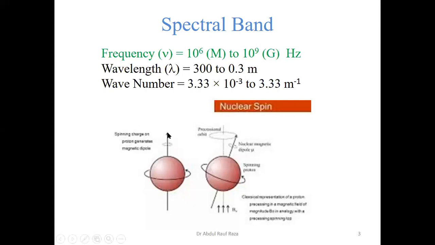This thumb is presented in the upward direction. This is the direction of the magnetic field. Now let's say it is spinning opposite, spinning clockwise. Then you shall have the direction opposite, and the thumb points to the bottom end. So this thumb is presenting you the direction of the magnetic field.